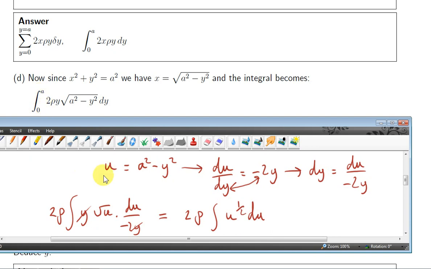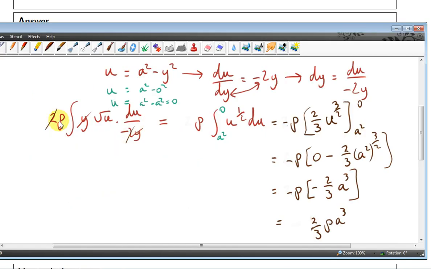Now, as for the limits, let's look at the lower limit, y equals 0. Well, when y is 0, we see that u is equal to a squared. The upper limit y equals a, so if we plug a in for y, we get u equals a squared minus a squared, which is 0. I forgot to cancel the 2's here, and we have this minus sign coming out.